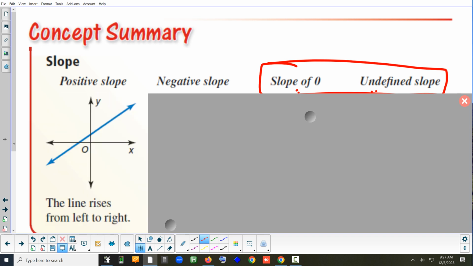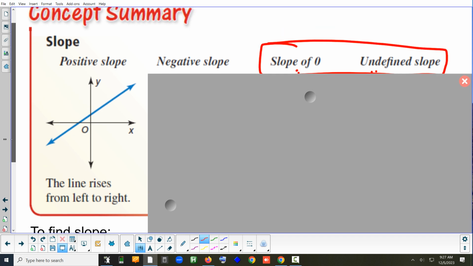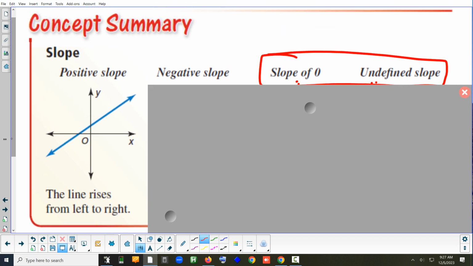Okay, so here's an example of a positive slope. Positive slope means that it goes up as you go to the right. So think about like the direction that we read in English. As you read to the right, it means it goes up.